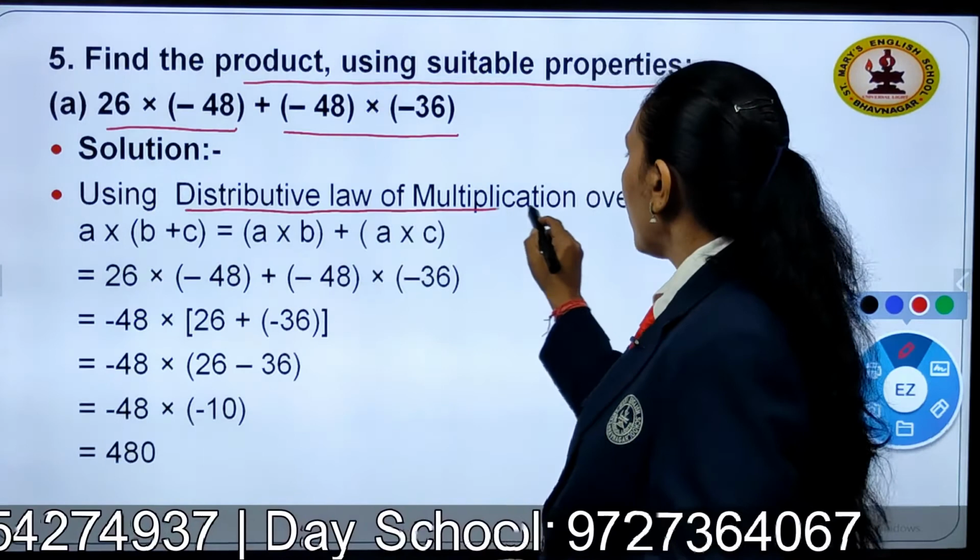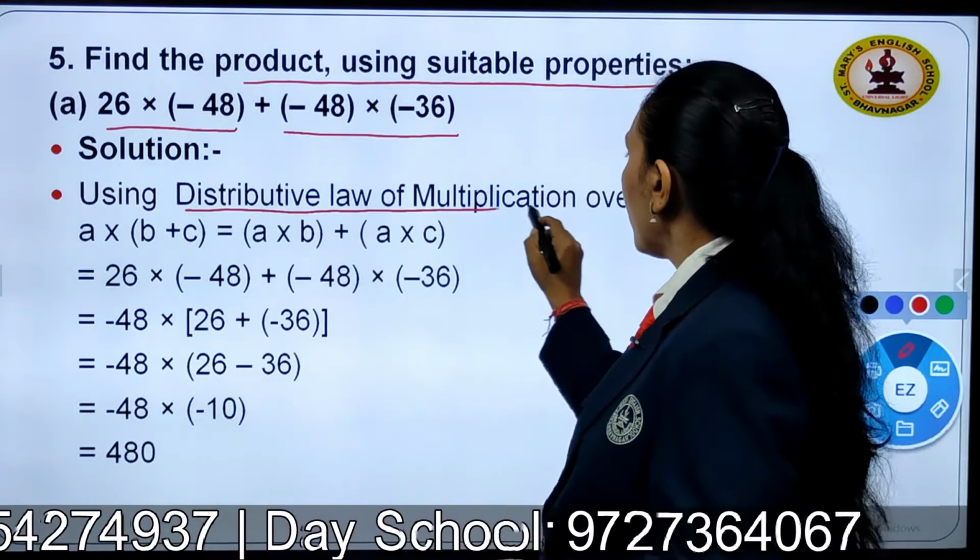Now just see, these are the two parts. These two numbers are in multiplication, in which both parts have minus 48 as a common number, right? So we will take minus 48 in common. From here I have taken minus 48 as common, and what is left in the bracket is 26.